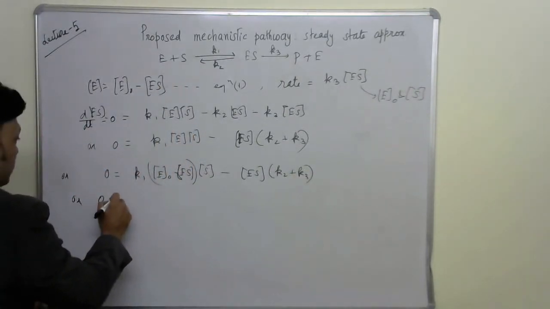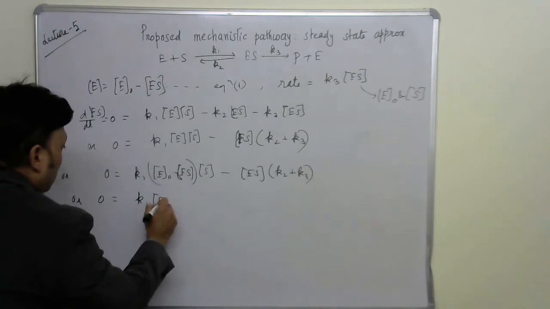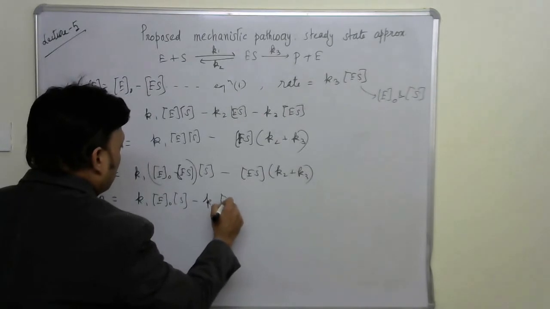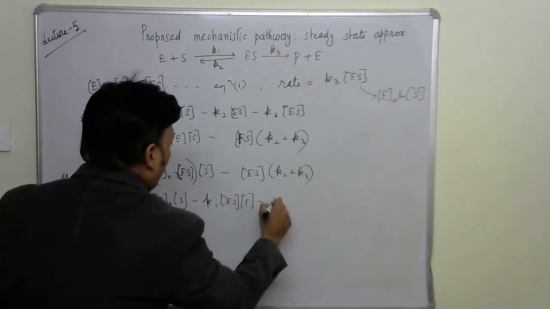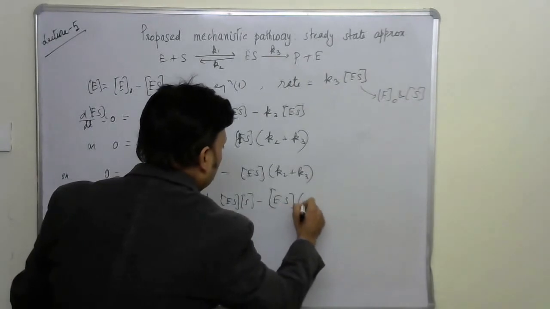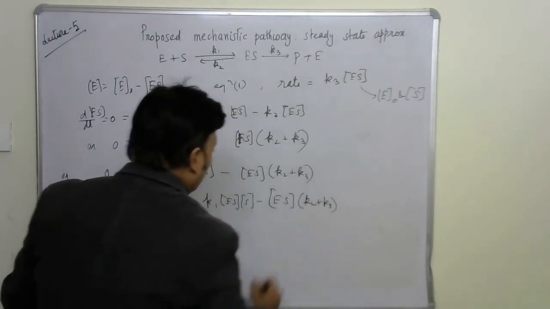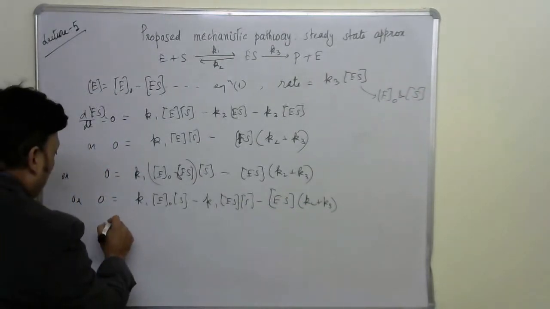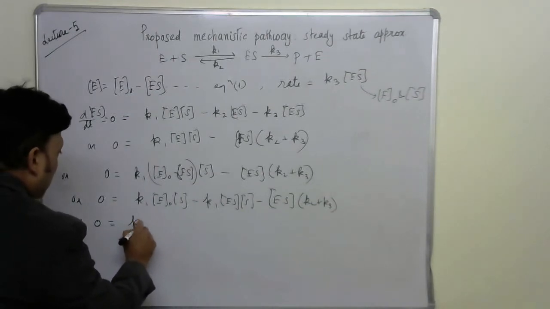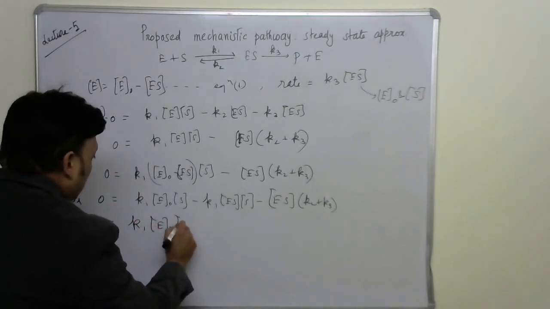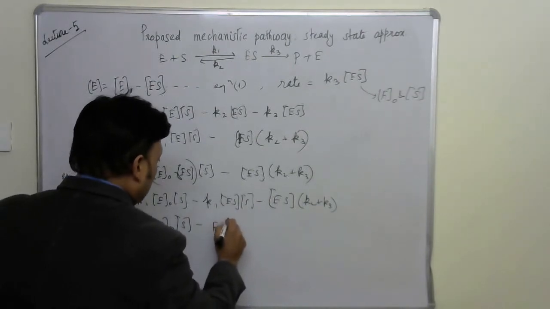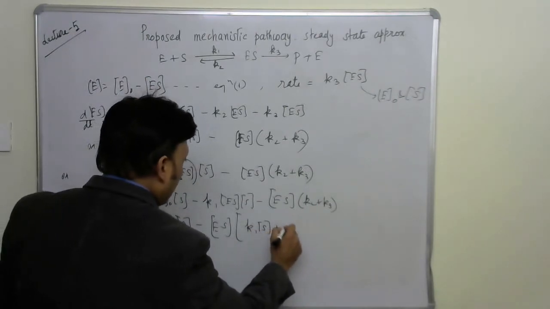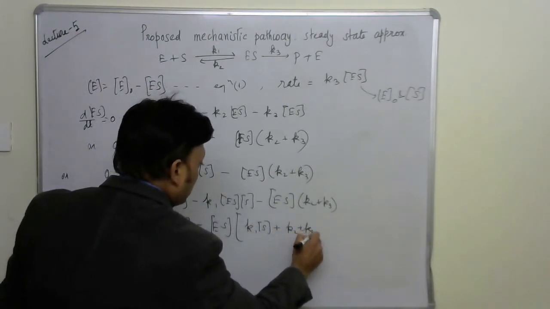So we write 0 is equal to K1 E naught S minus K1 ES S minus ES multiplied by (K2 plus K3). Here we see we have two ES terms, so we can take that as common. So 0 is equal to K1 E naught S minus ES times (K1 S plus K2 plus K3).